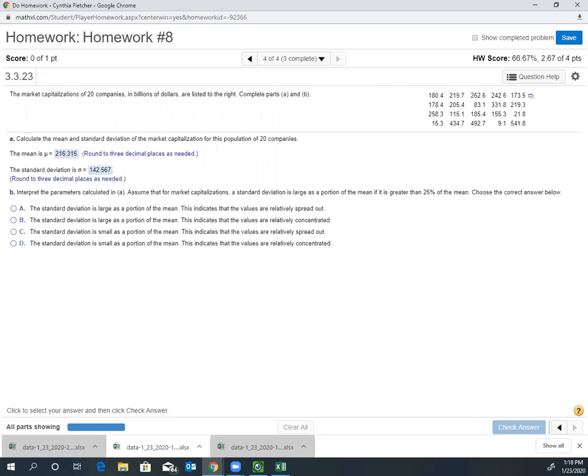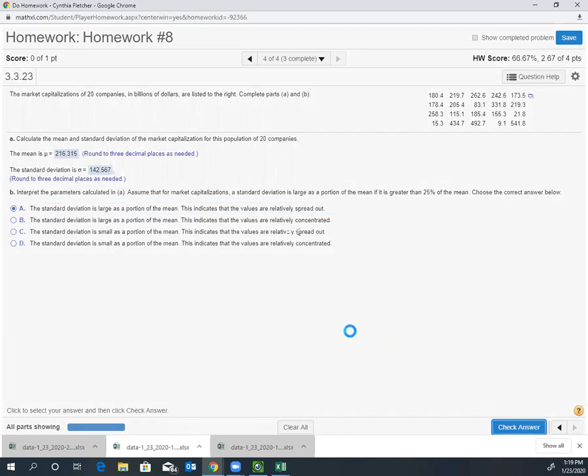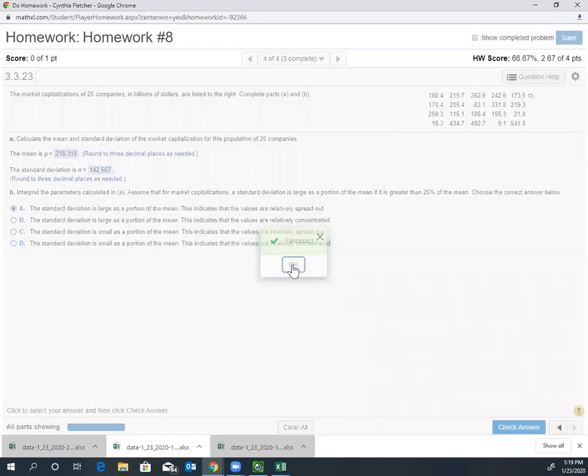Okay, so that's more than 25%. The standard deviation is large as a proportion of the mean. This indicates that the values are relatively spread out. There we go. All right.